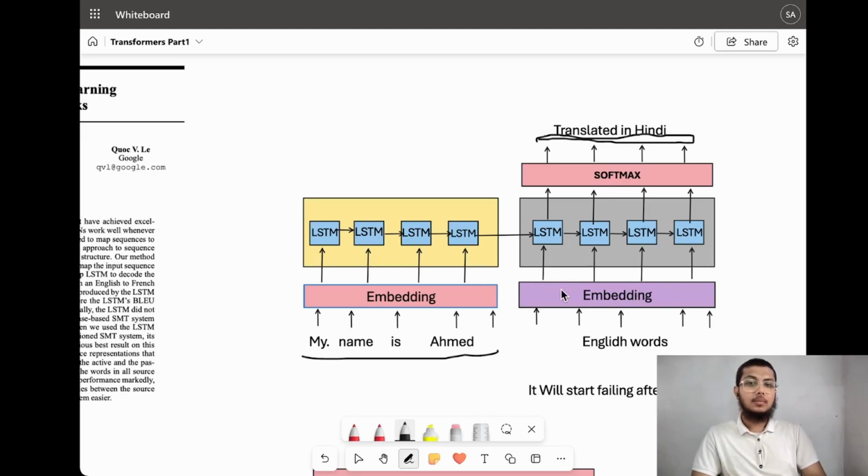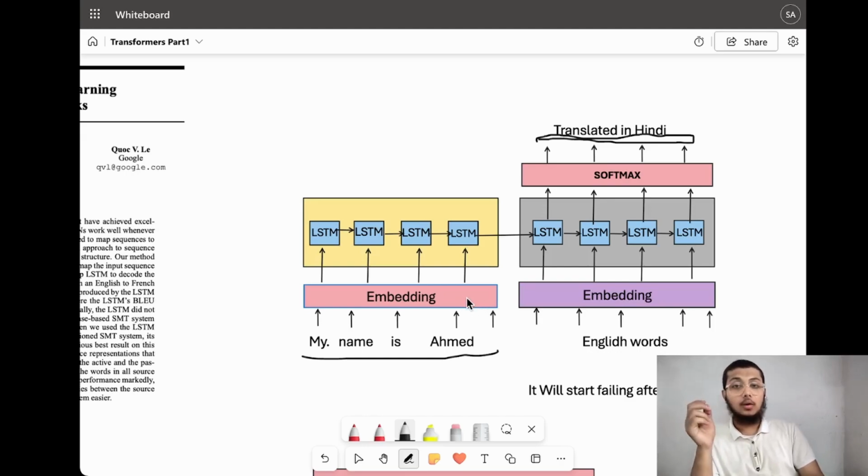Now this architecture works fine if you have small input sentences, but as soon as your sentences become very large, as you can see there are just four words here, but as soon as your sentences become large, then this architecture starts failing, and the quality of your translation is not that good.